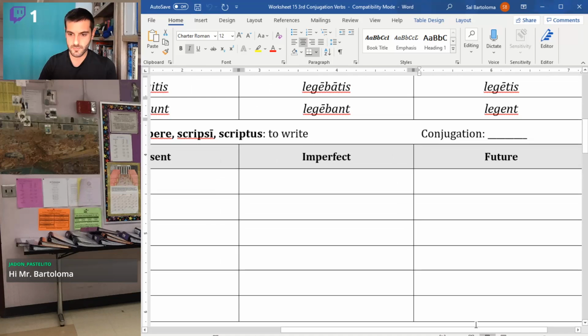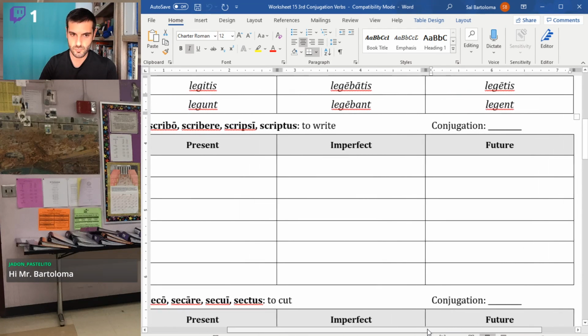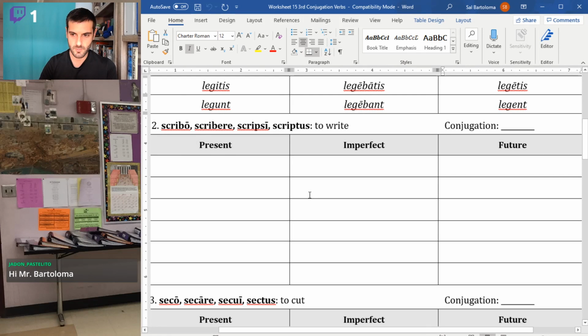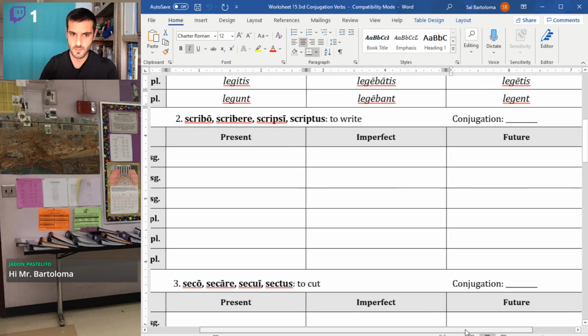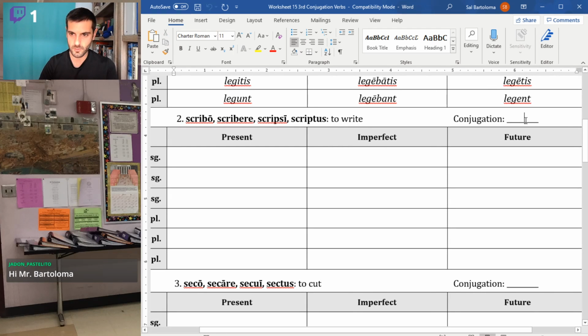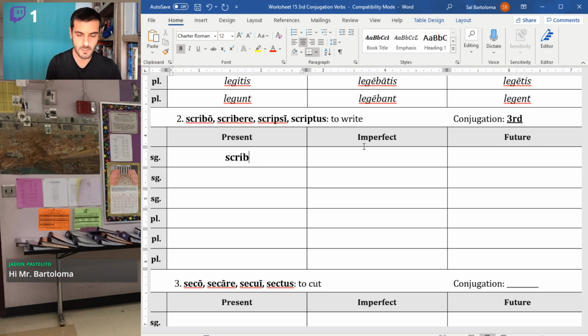So our first verb that we have here for practice is the verb scribo, scribere. So that is going to be third conjugation. So it's going to conjugate just like lego, just like the example that you see above. Okay. So we have our stem here, which is scrib, and I think that's technically a long i.